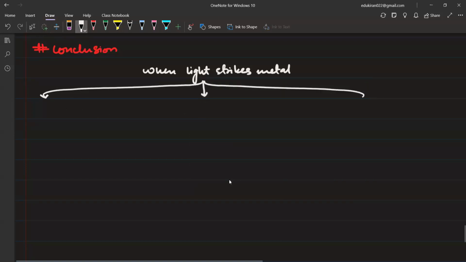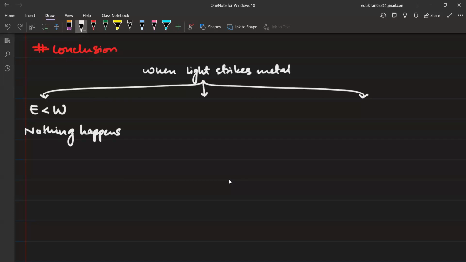What are the three things which can happen? If the given energy is less than the work function, then nothing happens. If the required energy is not met, nothing is happening. No photoelectric effect.